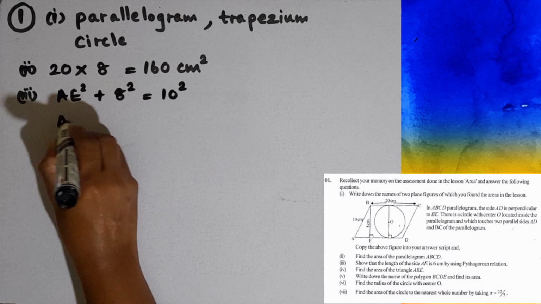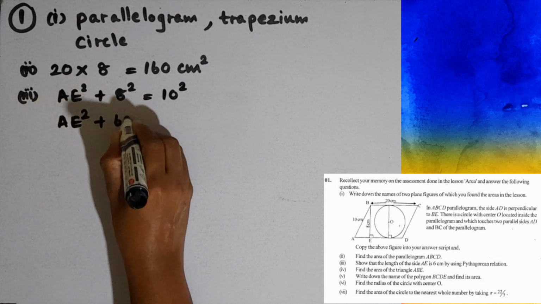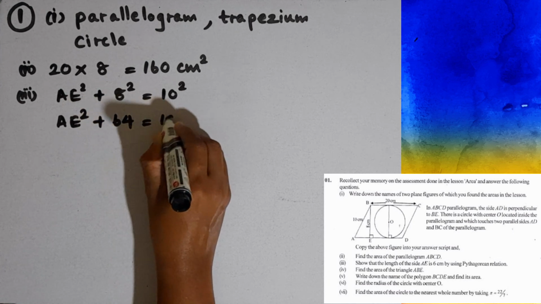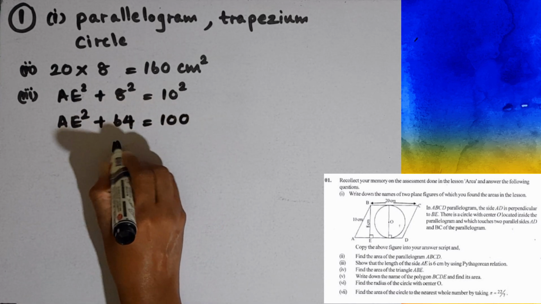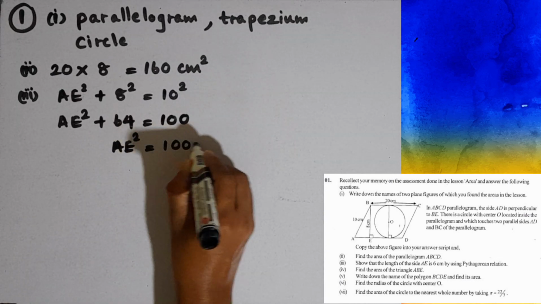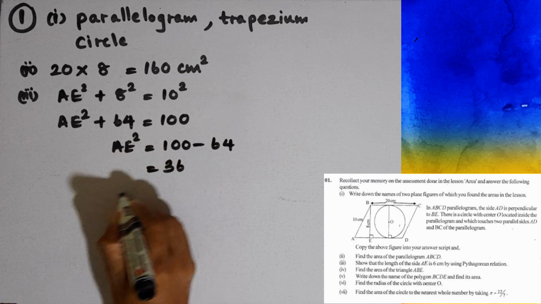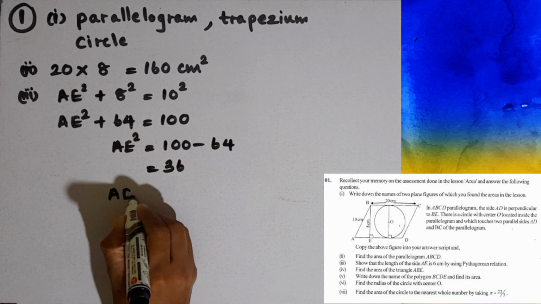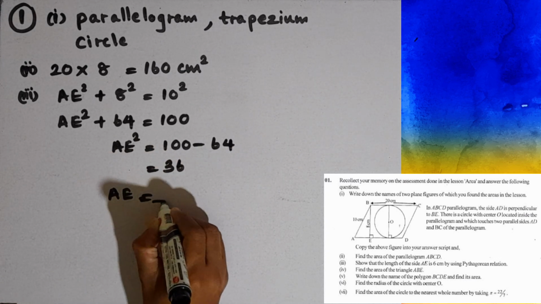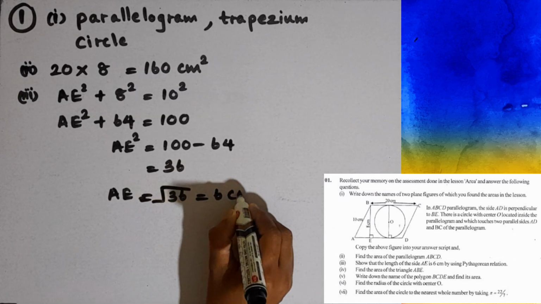Then AE squared plus 64 equals 100. AE squared equals 100 minus 64, that is 36. AE is equal to the square root of 36, 6 centimeters.